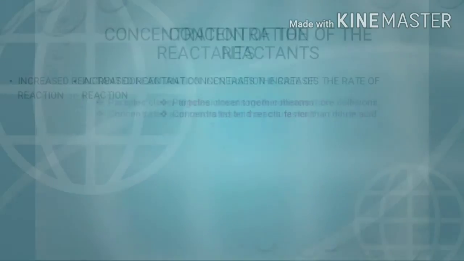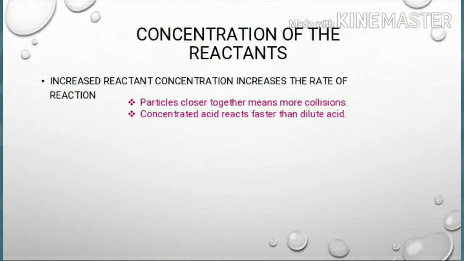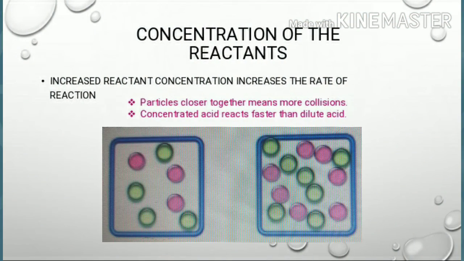Next, concentration of the reactants. Increased reactant concentration increases the rate of reaction. In concentrated solutions, particles are closer together. As the particles are closer together, there will be more collisions. We know that concentrated acid generally reacts faster than dilute acid.